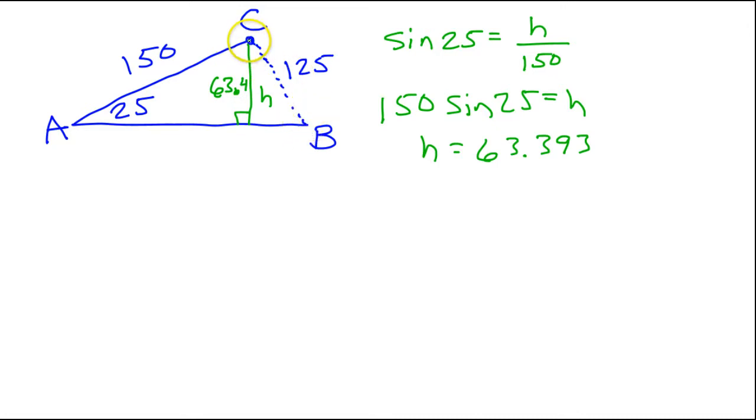Basically, I'm asking, will the swing side reach across this distance? And yes, if this were a rope, this would be a 125, let's say, foot rope. But the height of the triangle is only 63.4. So 125 will definitely reach all the way across.